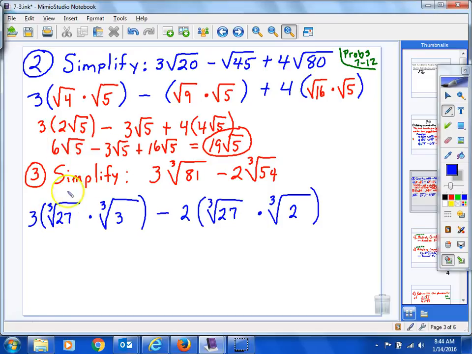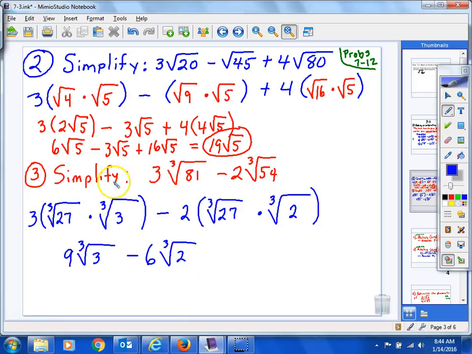Now remember what we did up here. This 3 can be multiplied times this other 3. They're both non-radical now. 3 times 3 is 9 times this radical, cube root of 3. And then once again, the cube root of 27 is 3. 3 times 2 is 6 times the cube root of 2.